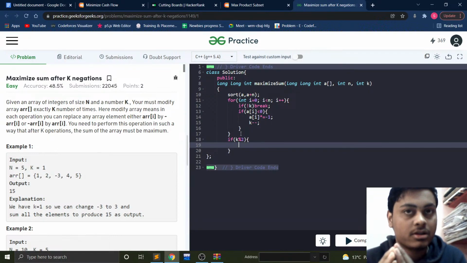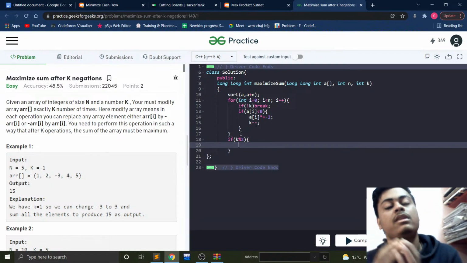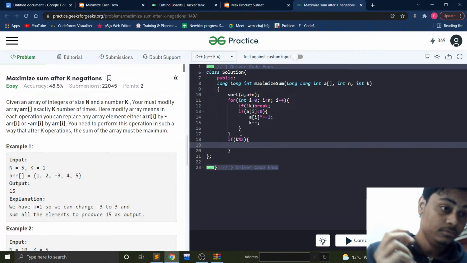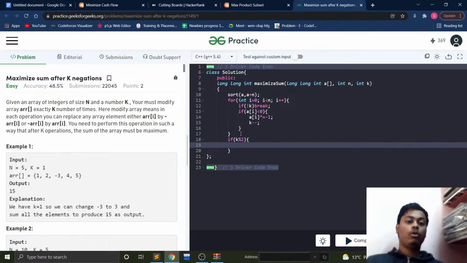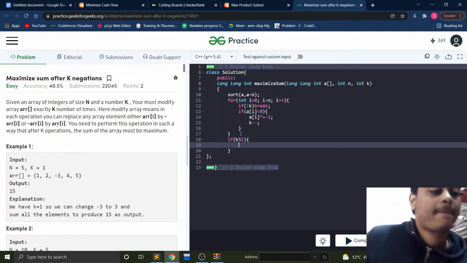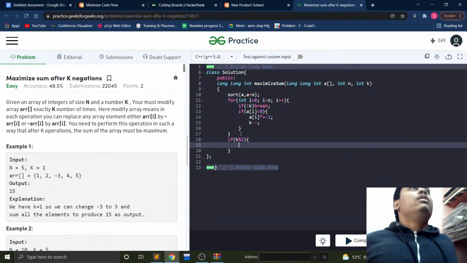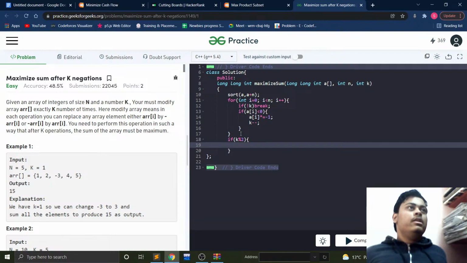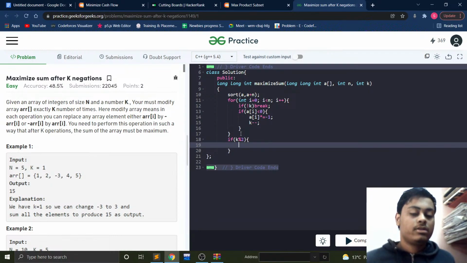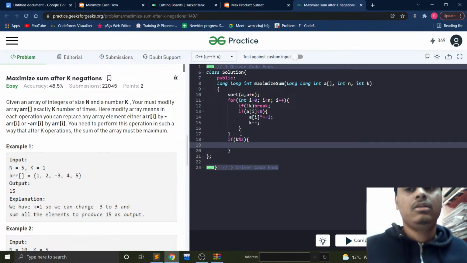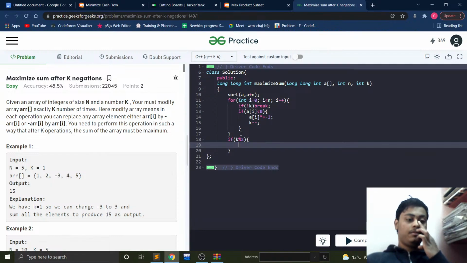At the end it will remain positive, and then I can use the single k, or maybe use the remaining k's whole on the smallest value, because it will end up being negative. Here it isn't possible that I am remaining with some negative numbers and still k is not 0. If k is left, then I am already over with negative numbers, so I'll have only positive numbers here.